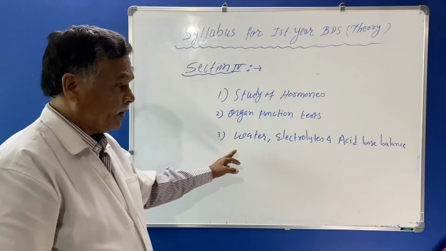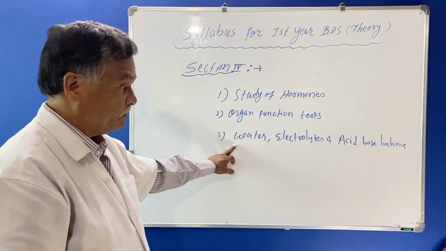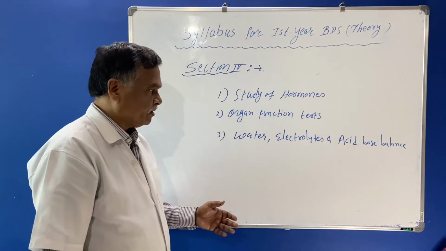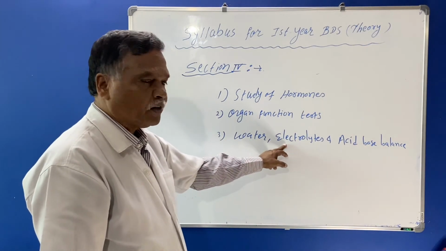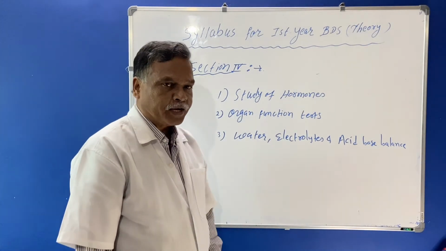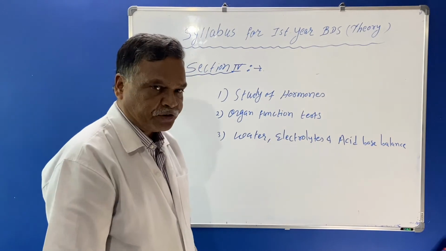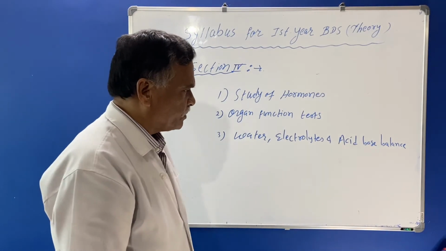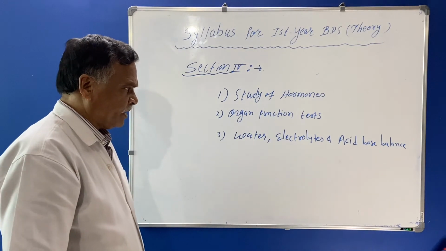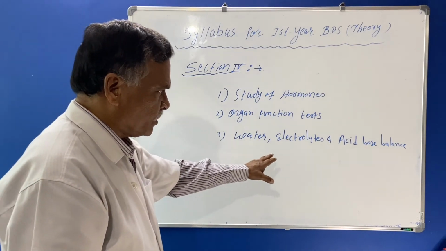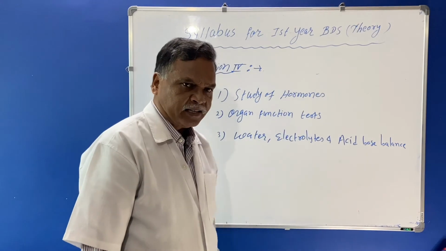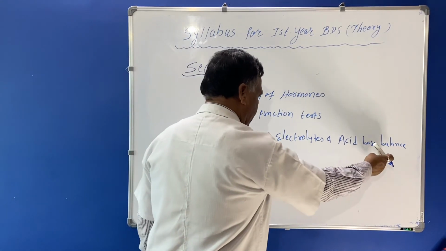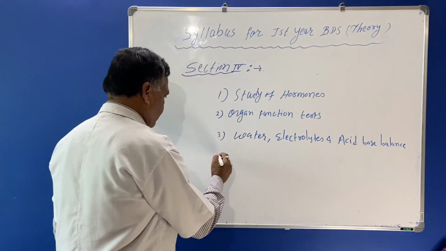Here the study of water is very important because this is the solvent which is very useful for metabolic purposes also. Different electrolytes like sodium, potassium, magnesium, calcium, iron, iodine, all the electrolytes present in our body will be studied. Then acid base balance, where the study of anions and cations in our body will be there.